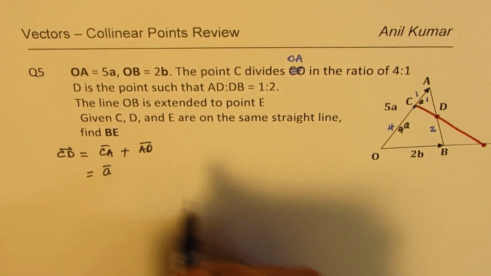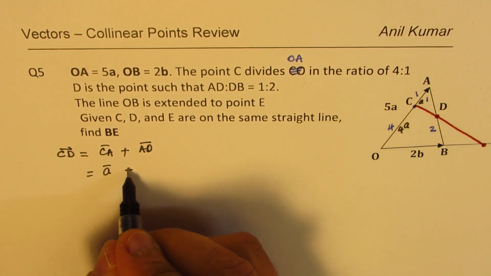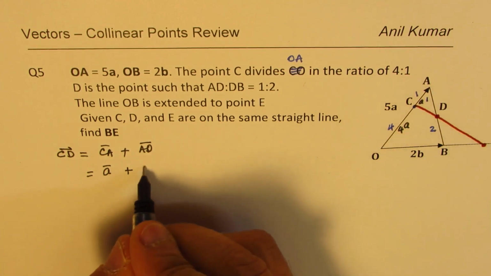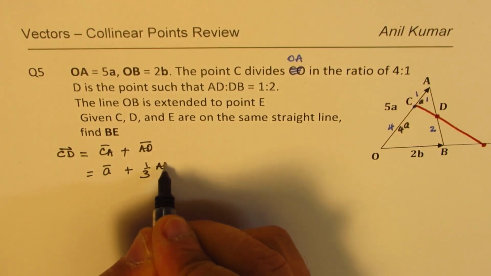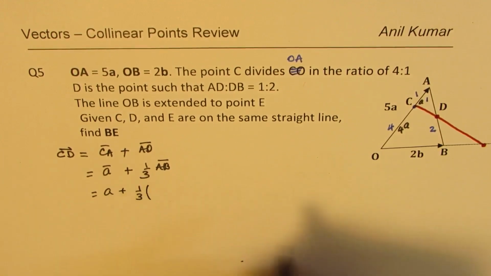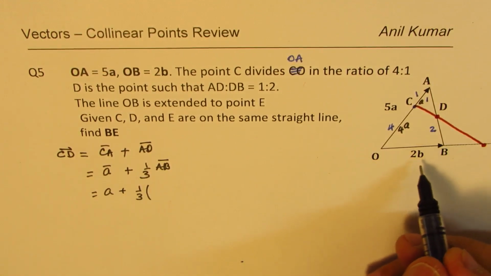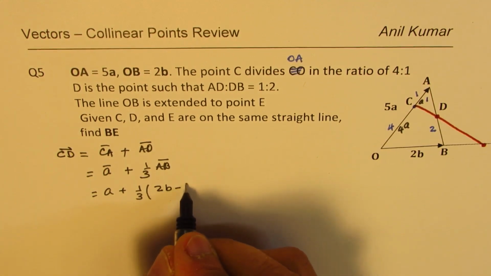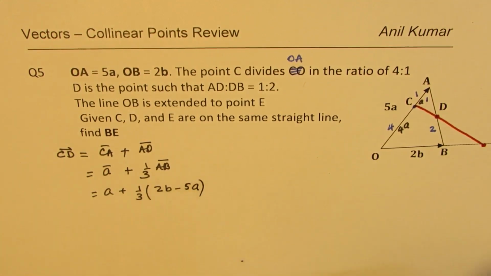C to A is vector A, and A to D is what? A to D is 1/3 of A to B, right? And 1/3 of A to B is 2B minus 5A, right? We are doing some shortcuts.